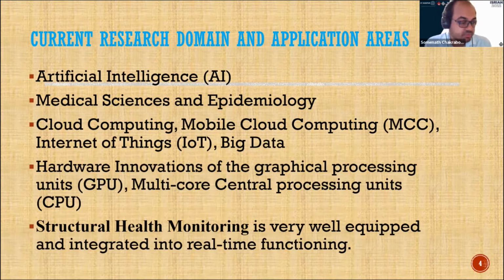And the emergence of artificial intelligence is not only for automation, but also for a lot of holistic learning and giving very prompt, real-time delivery of the systems, whether it is a predictive model, or a monitoring model, or a real-life application. So there are medical sciences and epidemiology involved in this area.